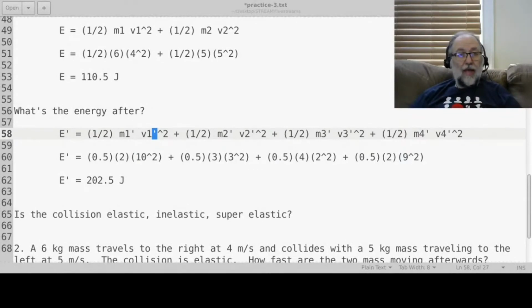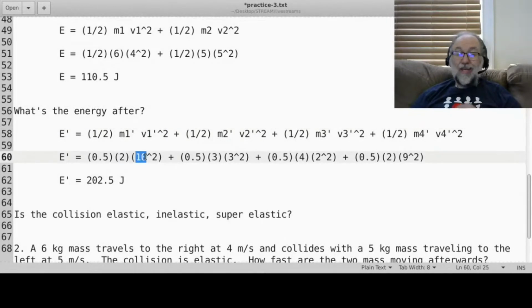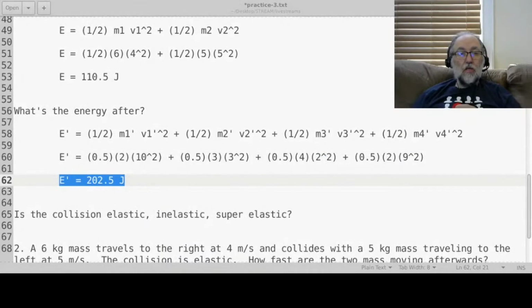Substituting in, I have a 2 kilogram piece traveling at 10 meters per second, negative, but the negative sign drops. 3 kilogram at 3 meters per second, 4 kilogram at 2. That last 2 kilogram piece at 9, we worked that out already, and that turns out to be 202.5 joules. So that's the answer to that one. What is the energy after the collision?